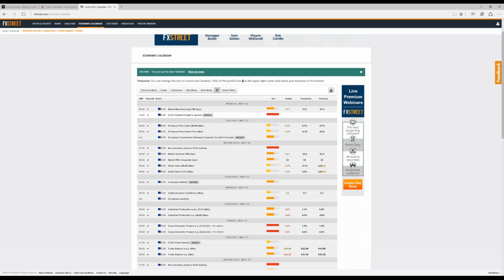So from May 2nd, we had the ECB, European Central Bank, Mario Draghi, also known as Super Mario, make a speech. He was pretty pessimistic about the economy, and he basically said that what is going on with the inflation is a concern.